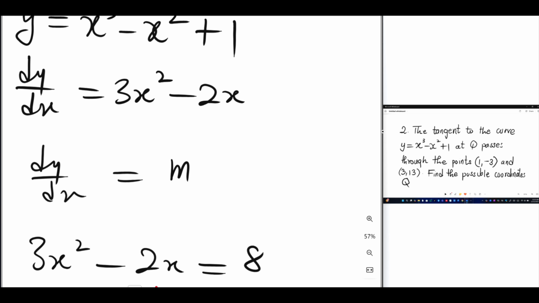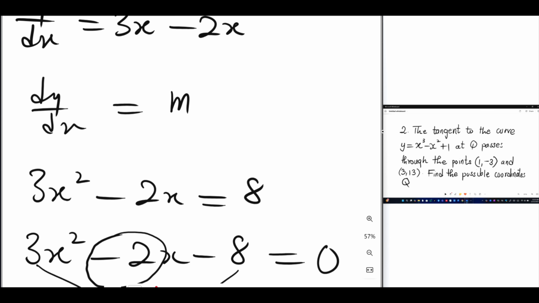All right. So we differentiated the given curve to obtain the gradient function, which is 3x squared minus 2x. At the point where they meet, their gradients must be equal.